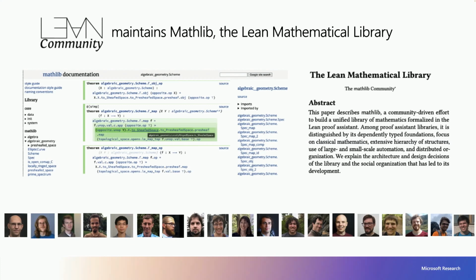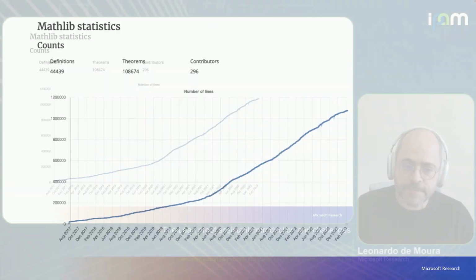Sorry that it's not up to date, the list of maintainers, but I was blown away by the community. Just to put in perspective, there's a paper, the Lean Mathematical Library, authored by the Mathlib community because it would be impossible to list everybody that contributed to the library.